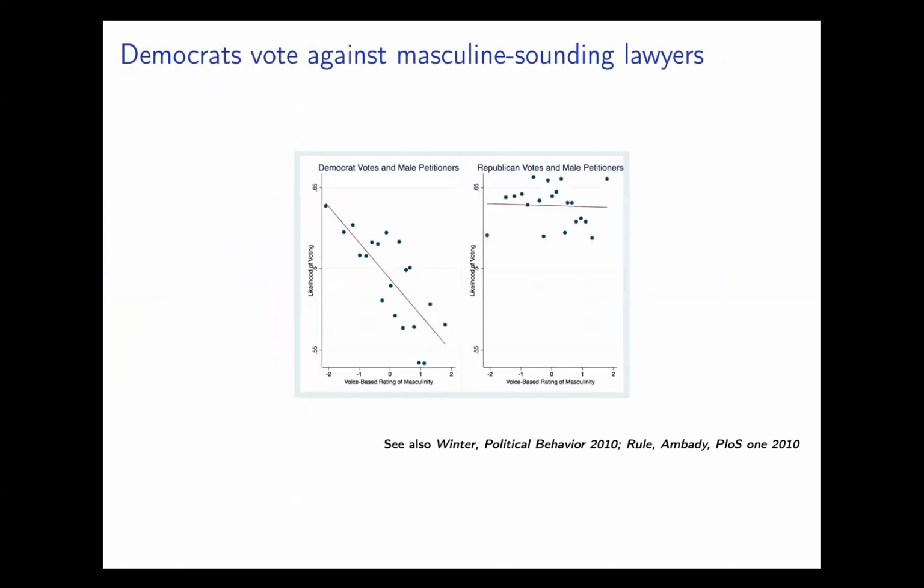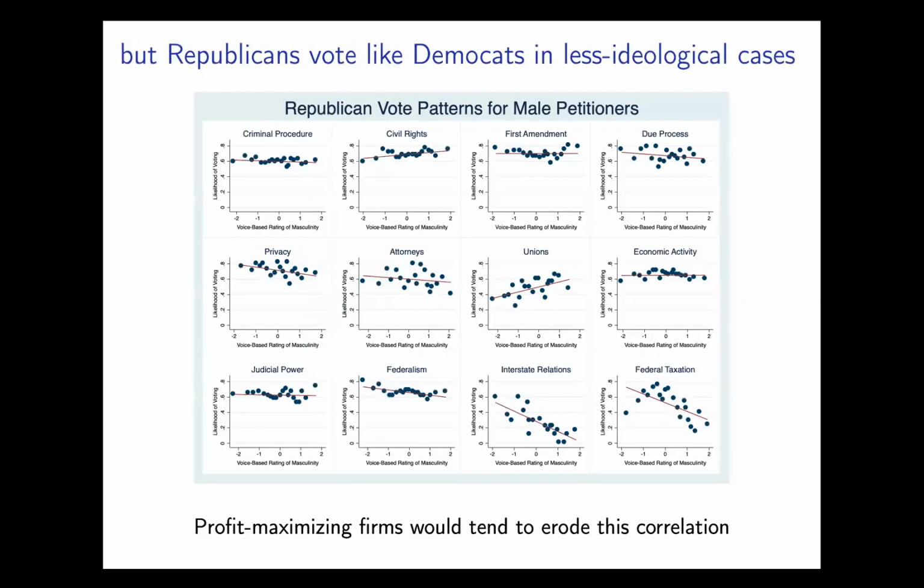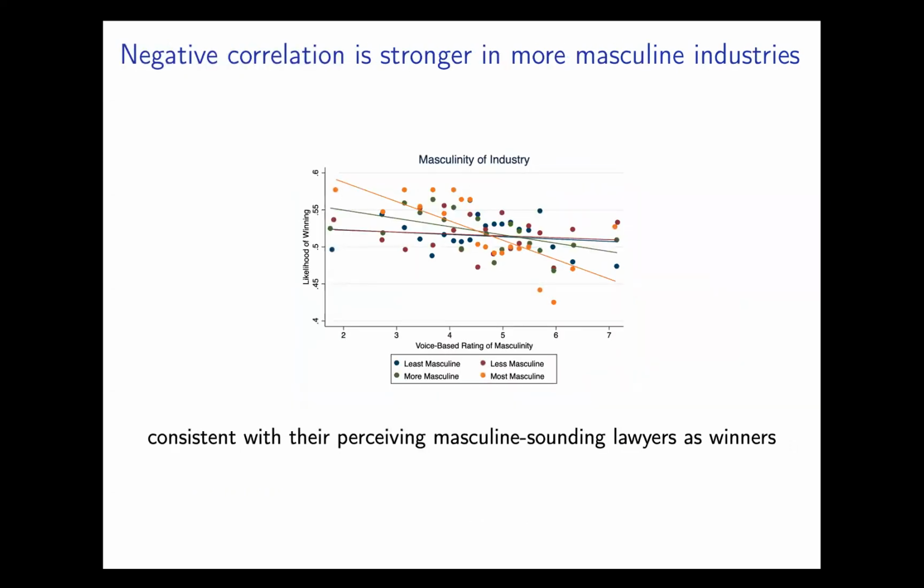And Democrats vote against masculine-sounding lawyers, but Republicans vote like Democrats in less ideological cases. Now, profit-maximizing firms would tend to erode this correlation, but the negative correlation is stronger in more masculine industries, consistent with their perceiving masculine-sounding lawyers as winners.